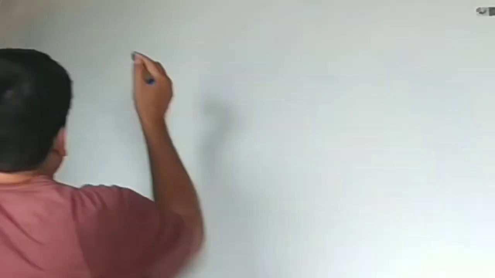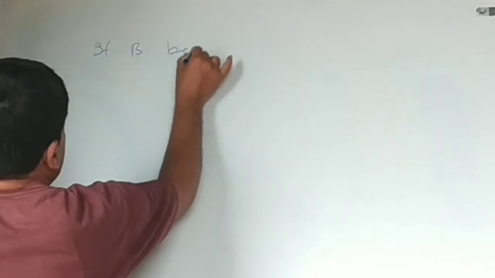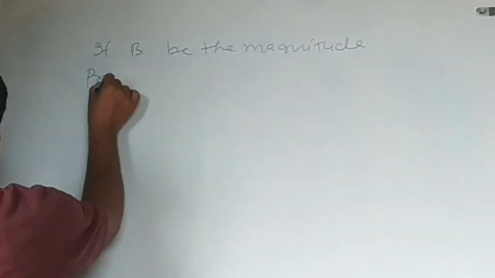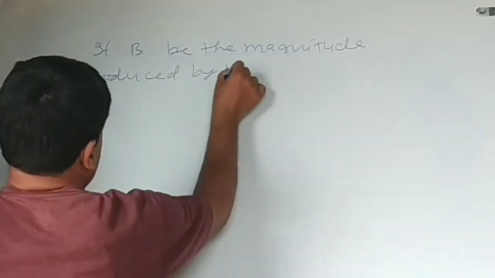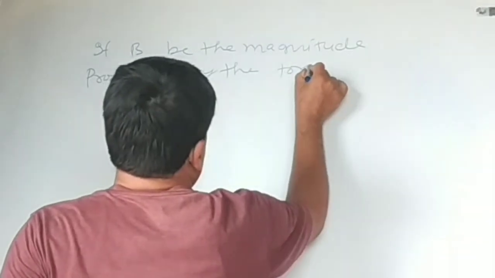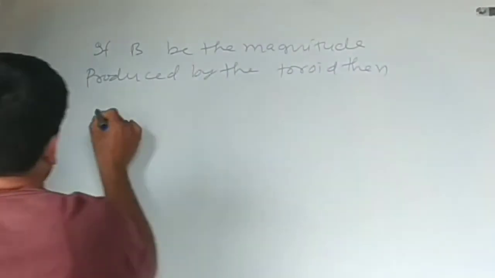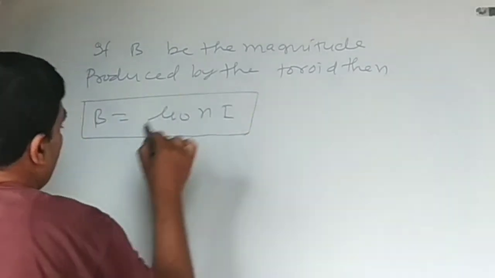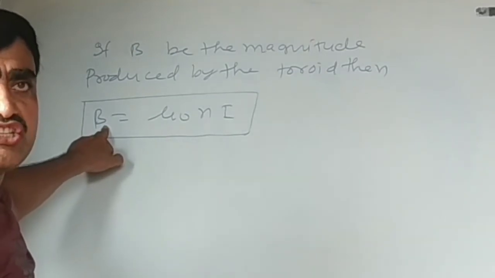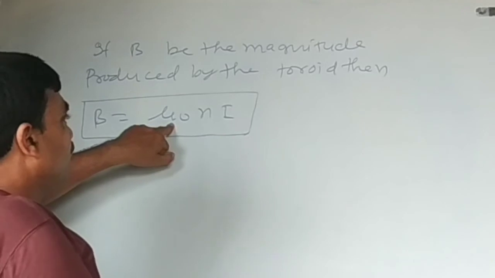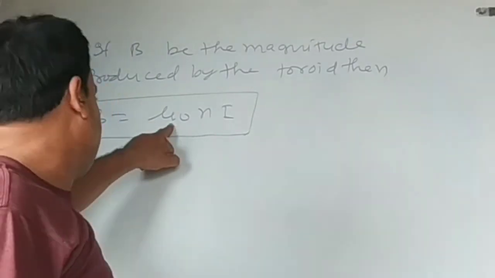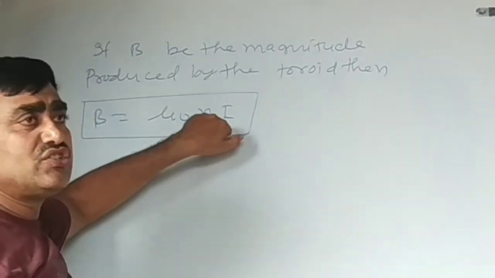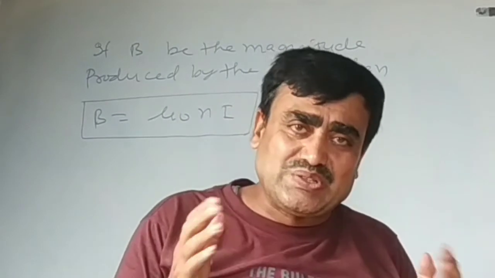That is, if B is the magnitude of the field produced by the toroid, then B is equal to mu naught n I. Here B is the magnitude of magnetic field, mu naught is the permeability of free space, n is the number of turns per unit length, and I is the current flowing in each turn.